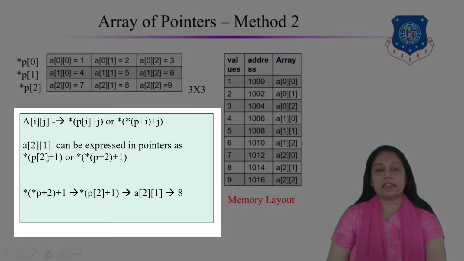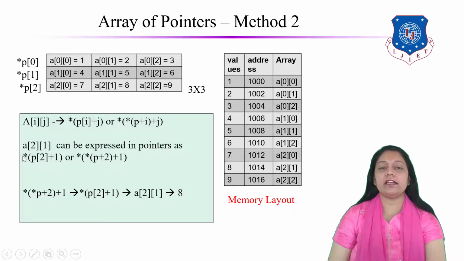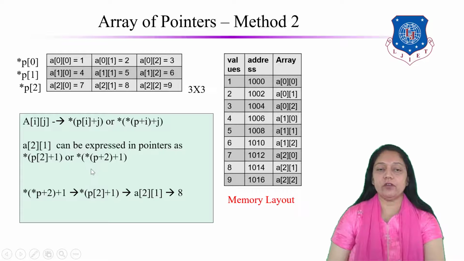Let's understand this with an example. If I want the value of a of 2 1, it means this one, the value 8, that is the third row and second element. The third row is at index 2 and the second element is at index 1. So using pointers it can be expressed as star of p of 2 plus 1, writing star before the bracket, and you will get the value.